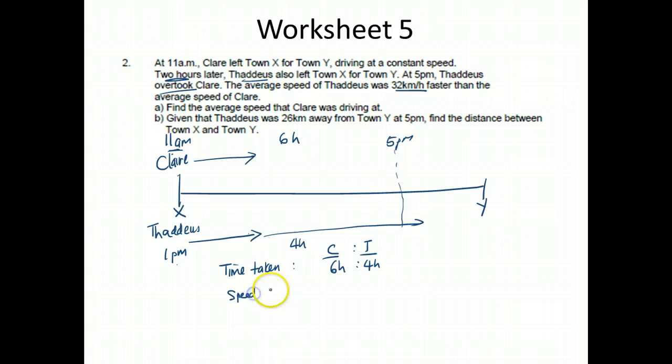Our speed taken by Claire and Thaddeus. Who do you think is faster? Thaddeus will be faster. So speed will be 6:4.